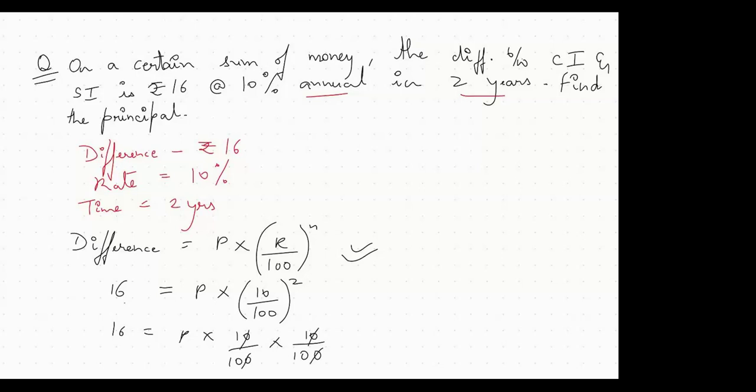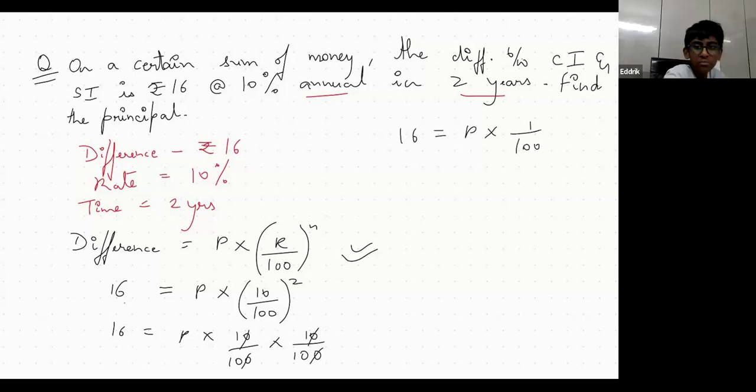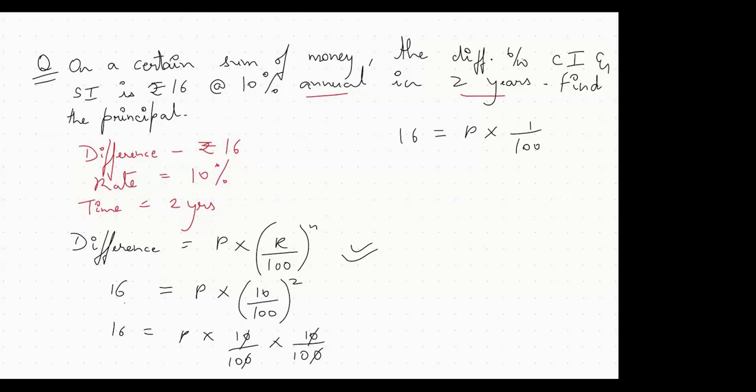So here I'm writing 16 equals to p into 1 by 100. Now p into 1 is p. 1p we don't write. So 16 is equal to p by 100.